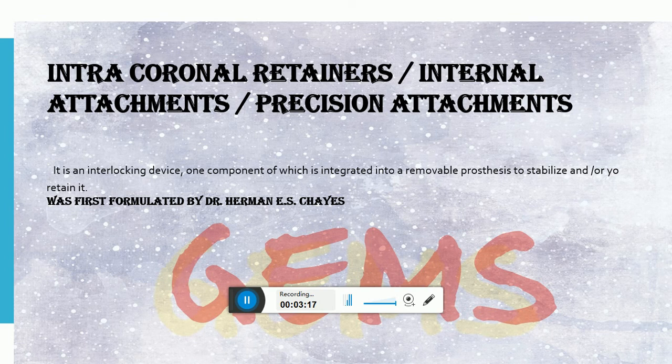Basically, intracoronal retainers are the internal attachments, that is the precision attachments, okay?